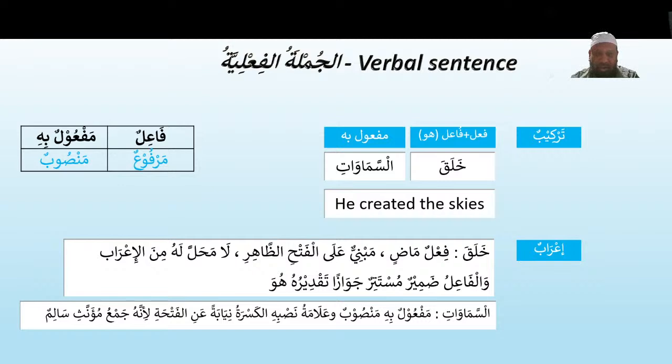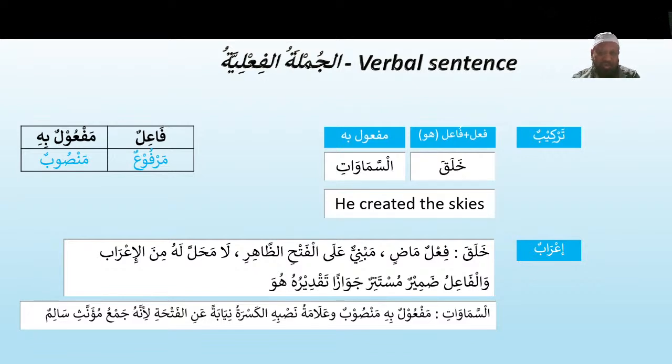The sign of this type of ism, which is jama muannath salim, is al-kasra. Then we say in place of fatha, in exchange of fatha, because normally maf'ulun bihi shows its sign with fatha.